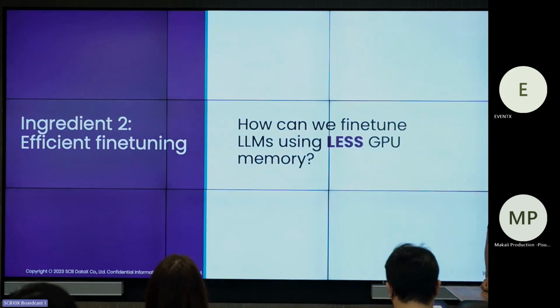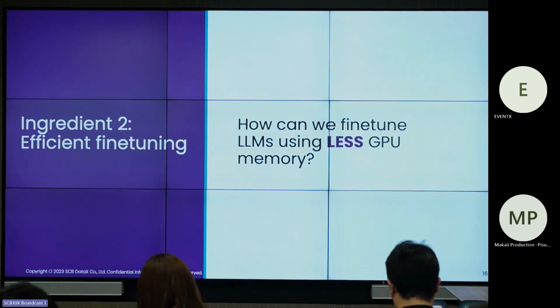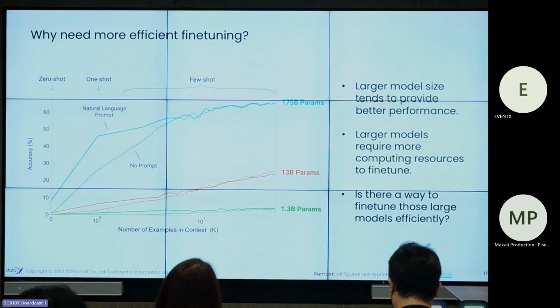I think you have already seen that data quality is more important than quantity, right? So far, the second ingredient to train the LLM efficiently is efficient fine tuning. First, why do we need efficient fine tuning?